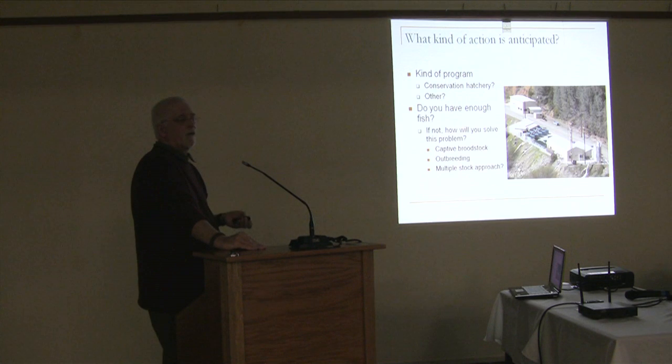The kinds of actions that are anticipated also is important. You've got to think about what kind of program you want, of course, whether it's a full-blown conservation hatchery like Livingston Stone here at the base of Shasta Dam, or some other kind of program that relies on an existing hatchery program or something else.